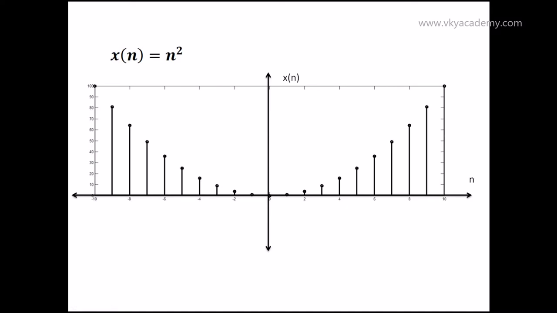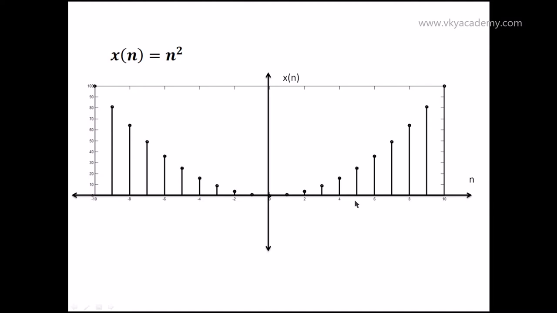Now this is the best example of an even signal. As you can see, this is the graph of x of n is equal to n square. For any value of n, positive or negative, n square will always be positive. When I put n equal to 1, n square is 1. When I put n equal to 2, n square is 4.